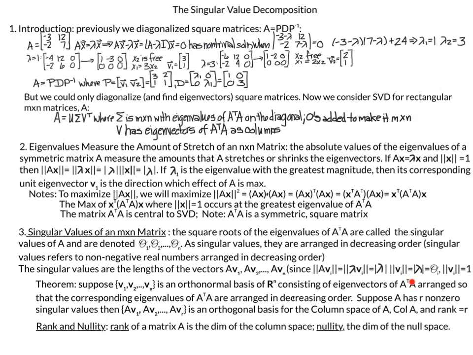So we're given this orthonormal basis consisting of eigenvectors of A transpose A, and then we arrange those vectors according to their eigenvalues. And then suppose A has r non-zero singular values. The singular values have to be non-zero. Then Av1, Av2, up to Avr is an orthogonal basis for the column space of A. So this theorem, we're given an orthogonal basis, and it gives us a second orthogonal basis. And these are the two bases we're going to use over here in our singular value decomposition.